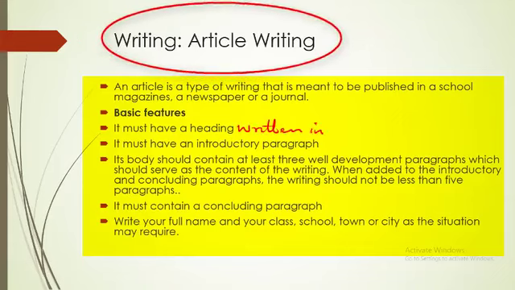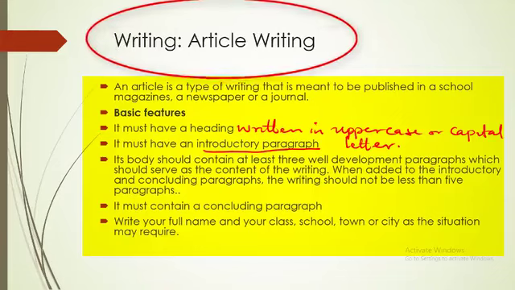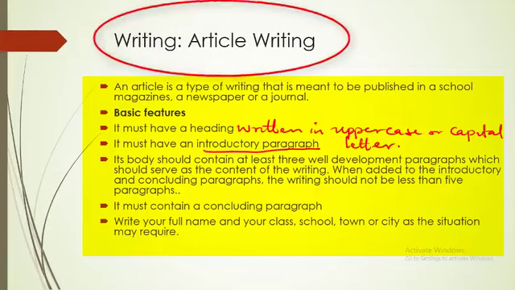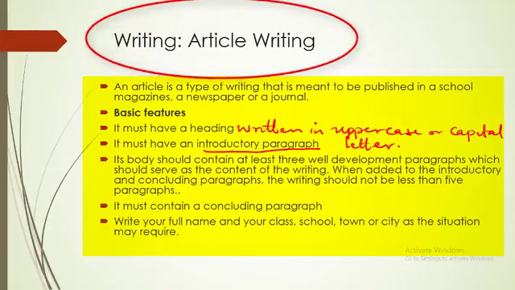Then you must have an introductory paragraph. The body should contain at least three well-developed paragraphs as the content of your writing. And remember, you should also have a concluding paragraph.